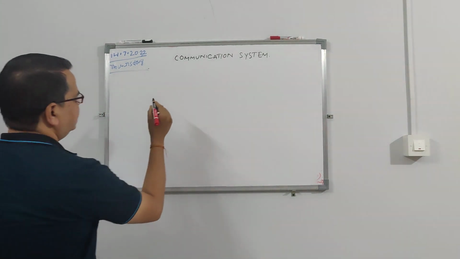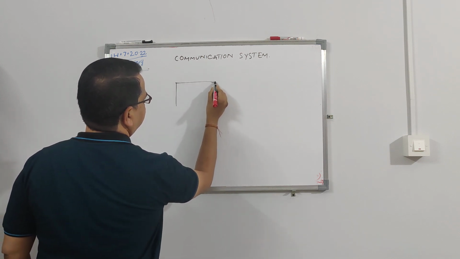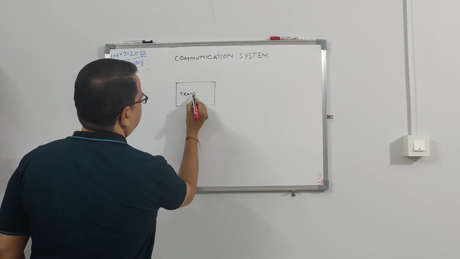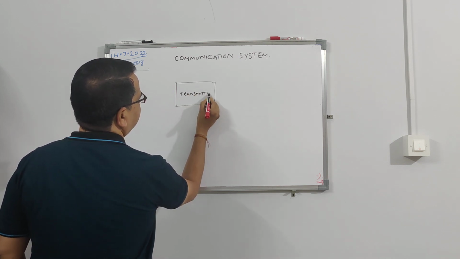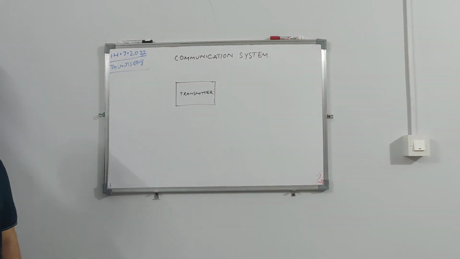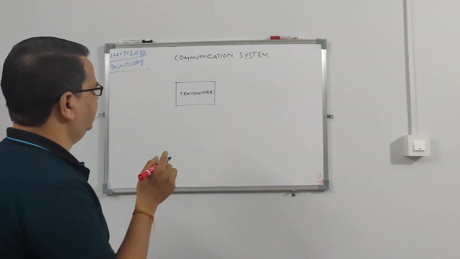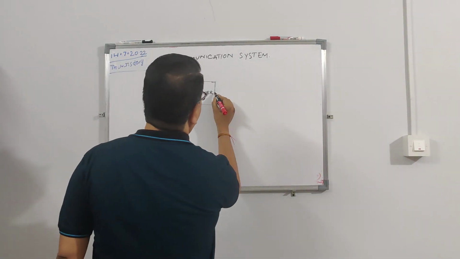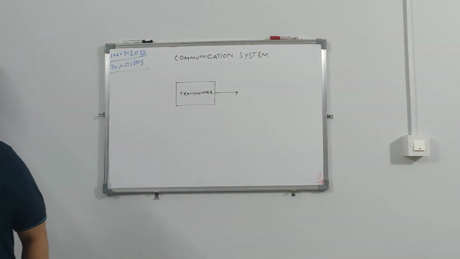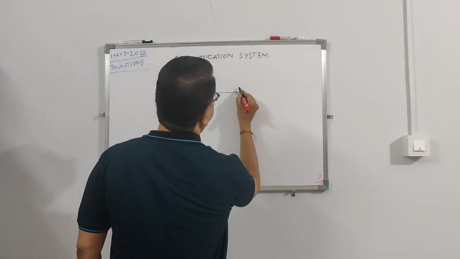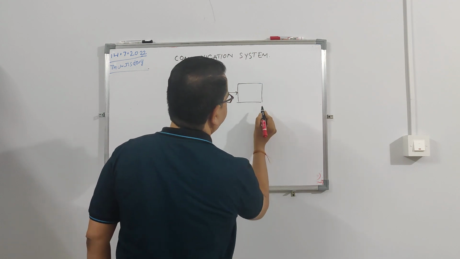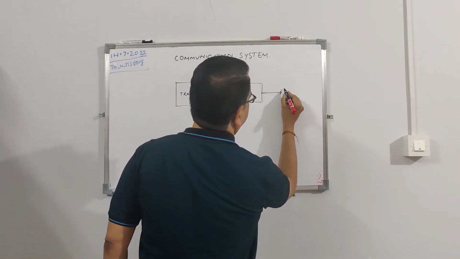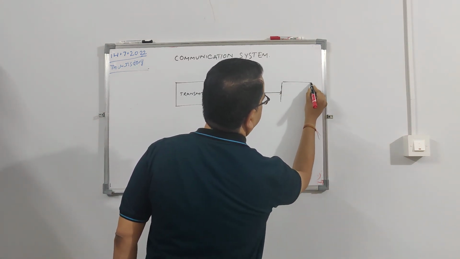So you will have a transmitter, and then a channel, and then a receiver.